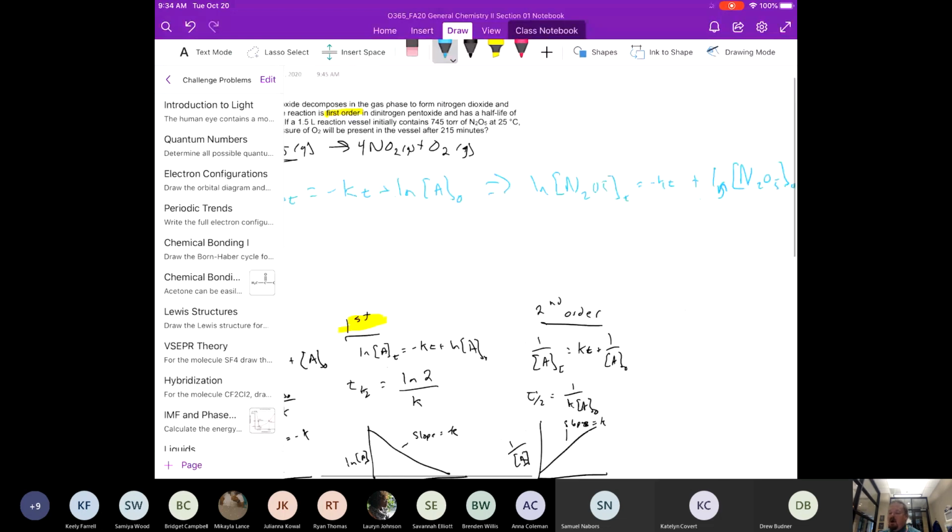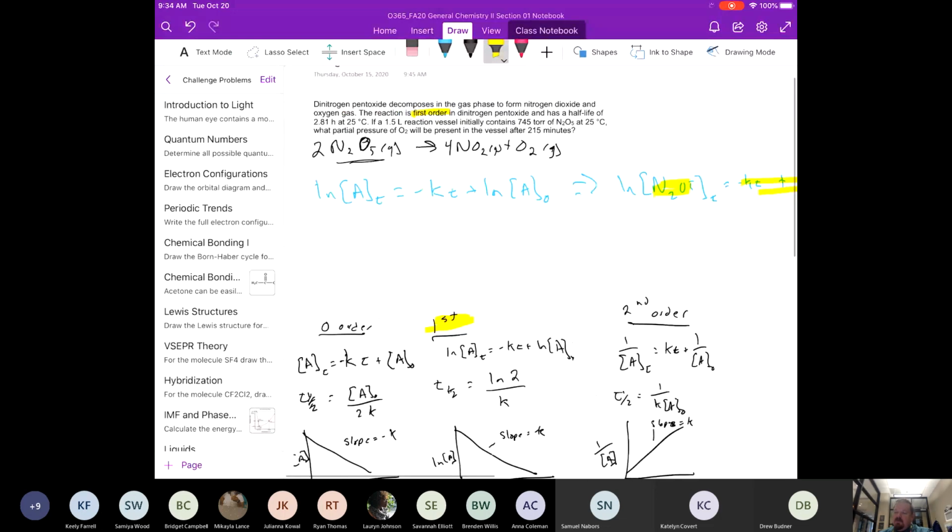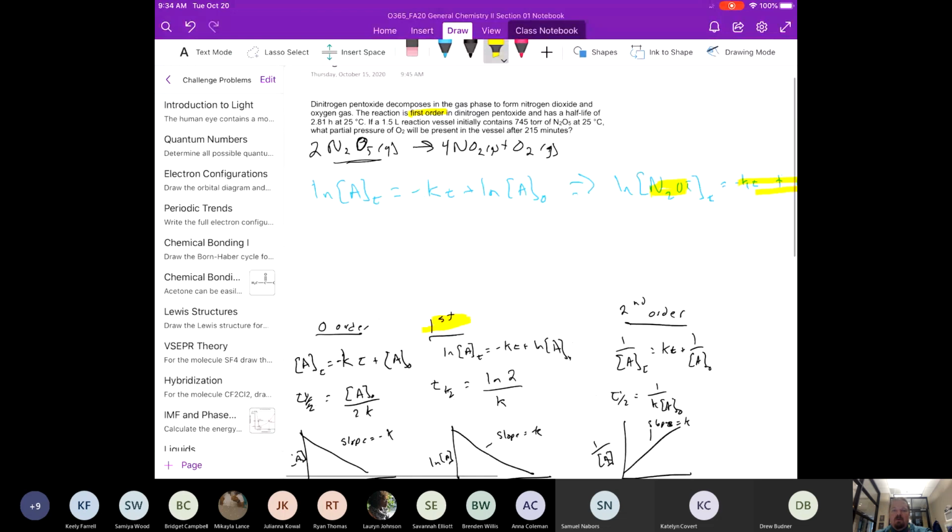If we want to know this concentration, we need to know all of this, right? Well, we know the time. The time they give us, we want this reaction to go 215 minutes. Do we know the rate constant? From the information that we are given, do we know the rate constant?